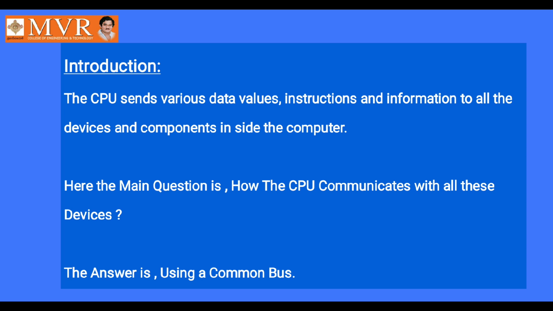See, if two persons want to communicate with each other, definitely we will use a medium. For example, if both persons are sitting together side by side, they can directly talk to each other.